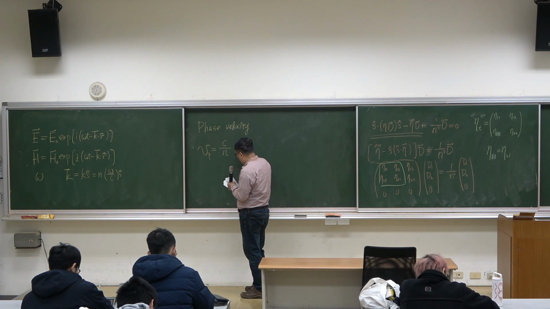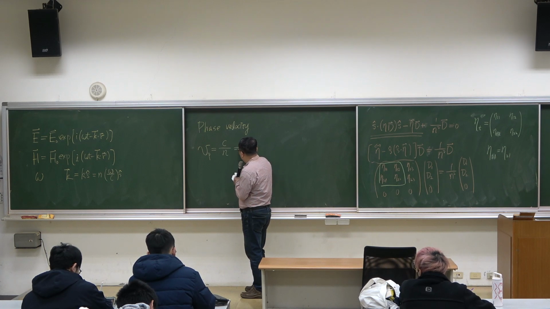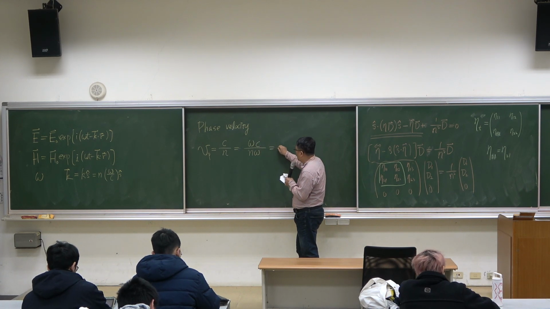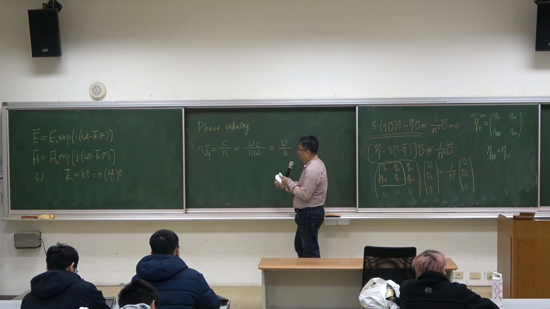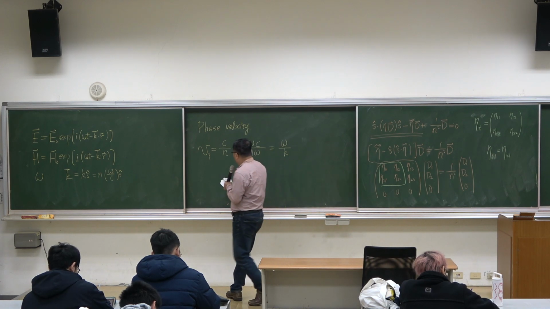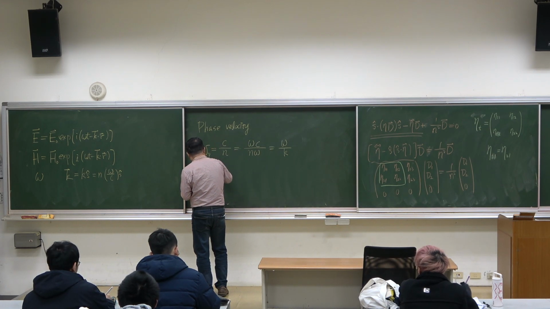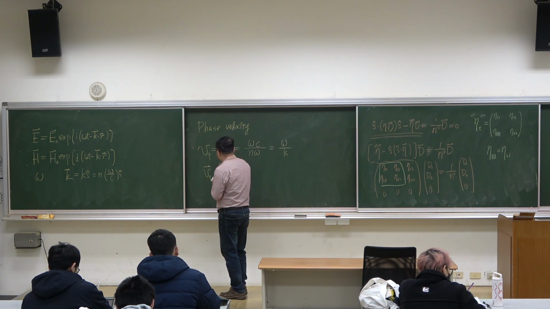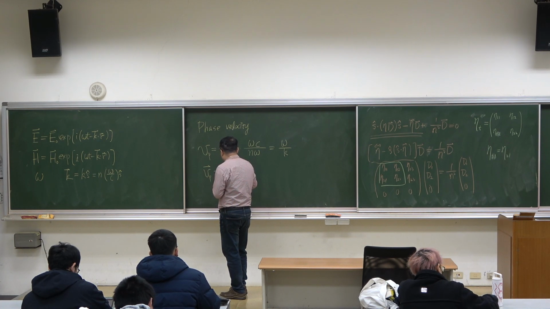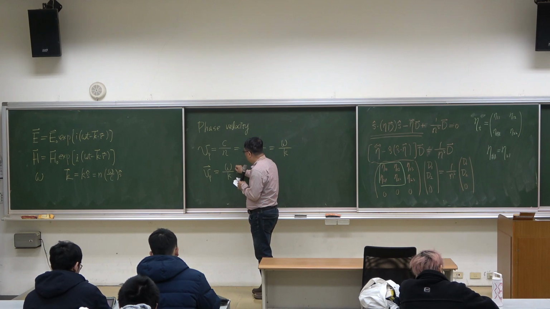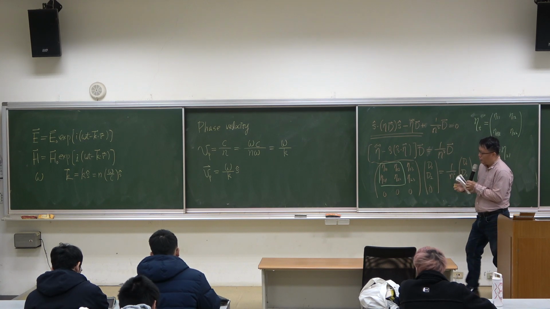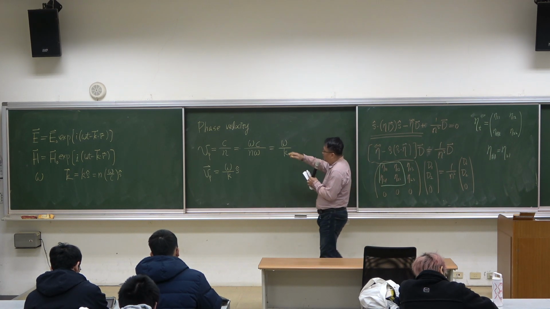So if I multiply this with omega, we see that this is nothing but omega over k. So now represent it as a vector, then this vector has the magnitude omega over k and the direction, the small s, okay, the unit vector along the propagation direction, k.